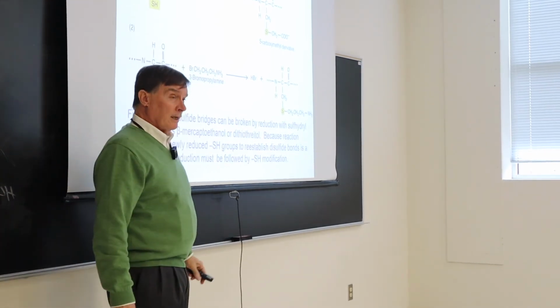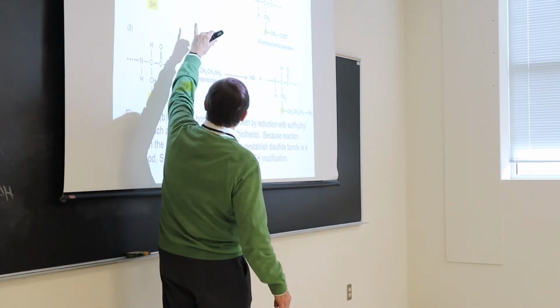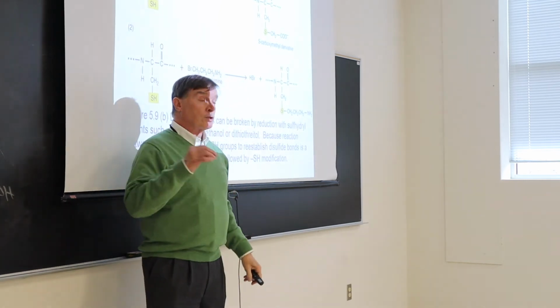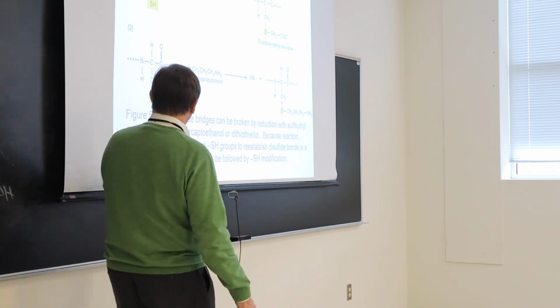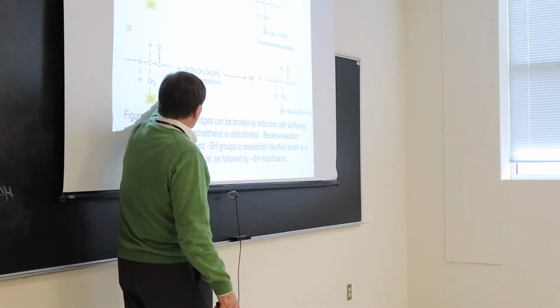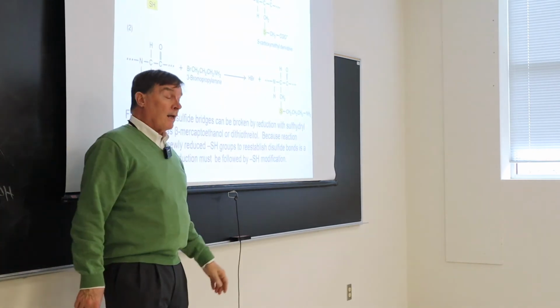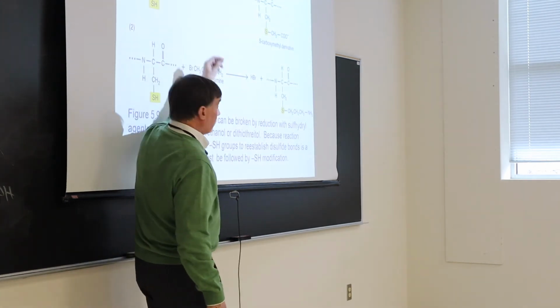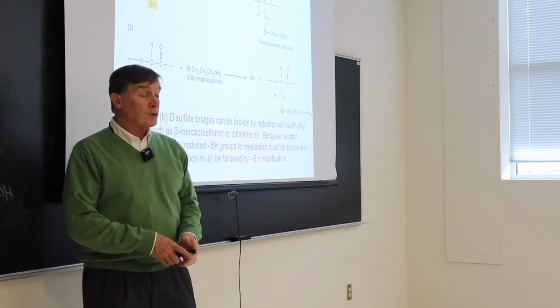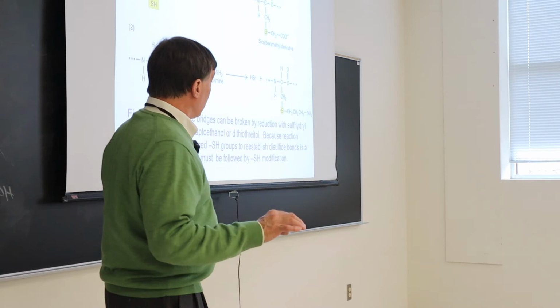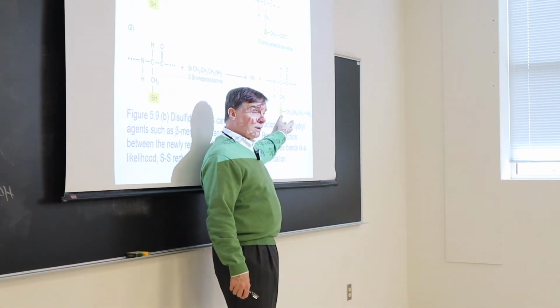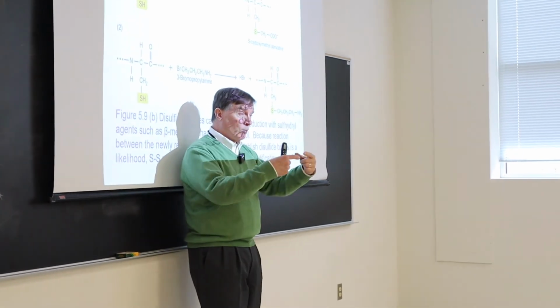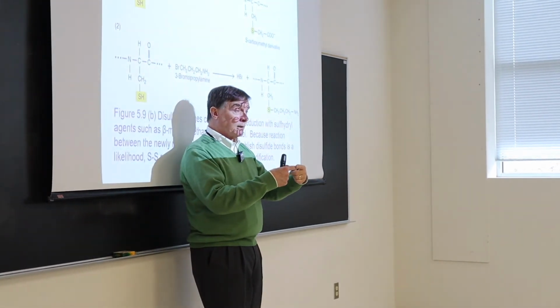But these are alkylating agents where the halide, either the iodine or the bromine, goes off as an iodide or bromide, a halide, of course. And the sulfur attacks that carbon and kicks out the halide, or attacks the CH2 up there and kicks out the iodide. So in either case, you're locking that sulfhydryl into an alkyl derivative, and it cannot then go back and recombine to make a disulfide.